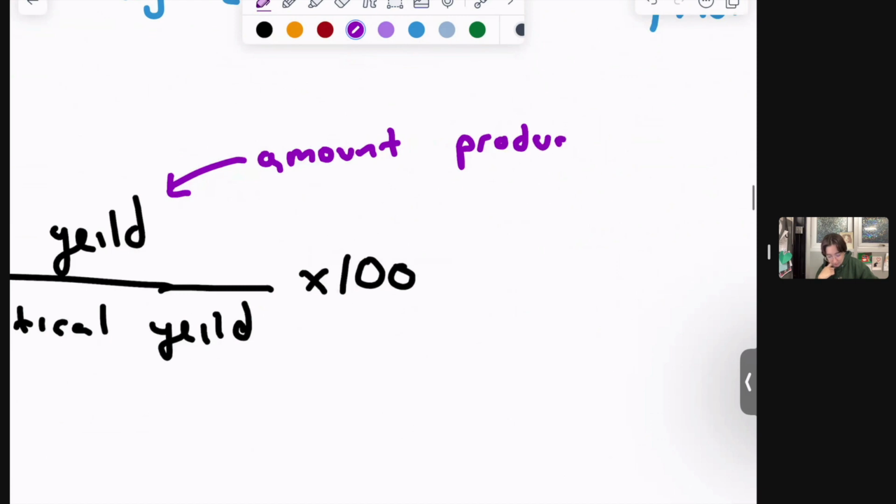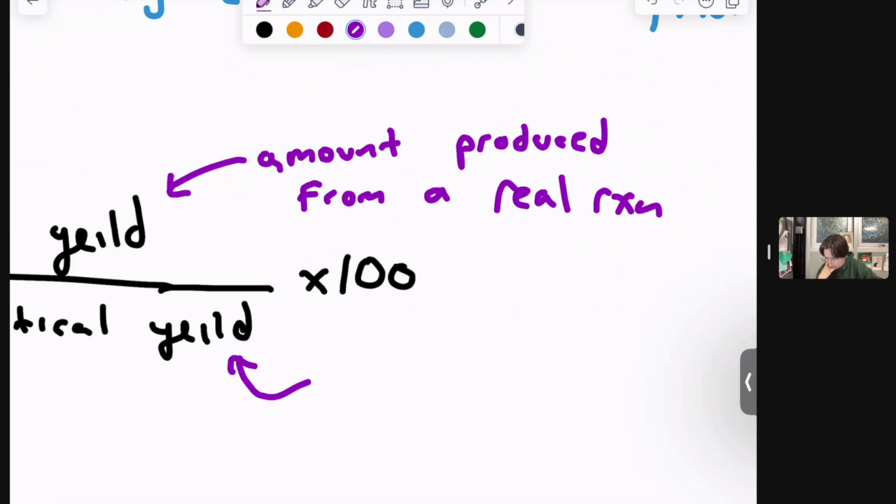So this would need to be some kind of lab data or some kind of given data. And our theoretical yield is what we calculated with stoichiometry.